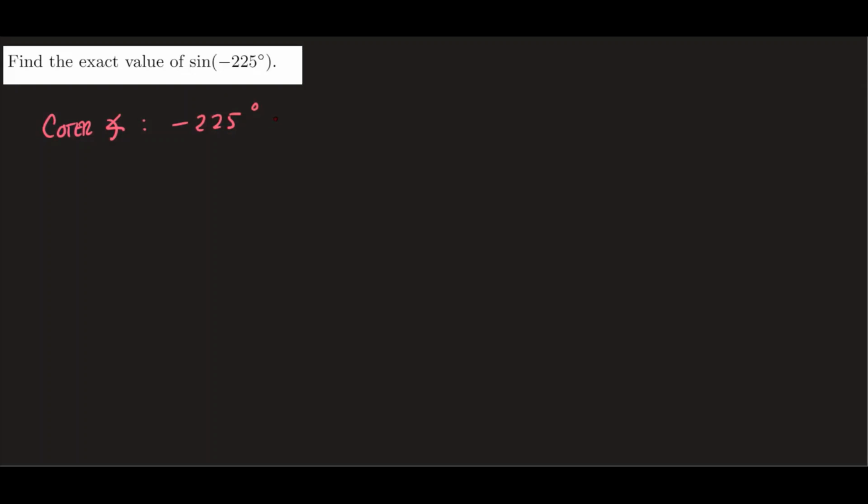I'm going to add 360 to it so that I get a positive angle. So 360 minus 225 gives me positive 135 degrees. So negative 225 and 135 are coterminal.